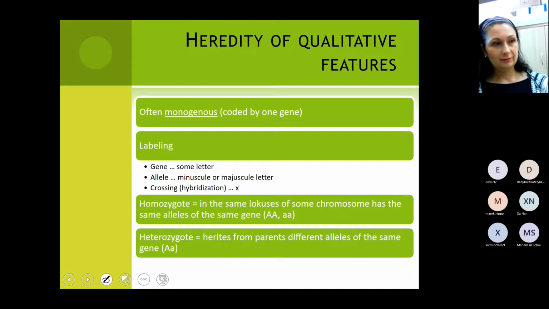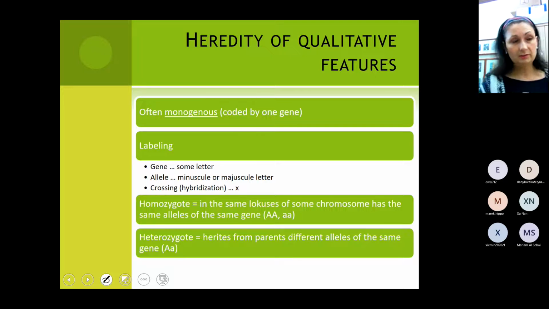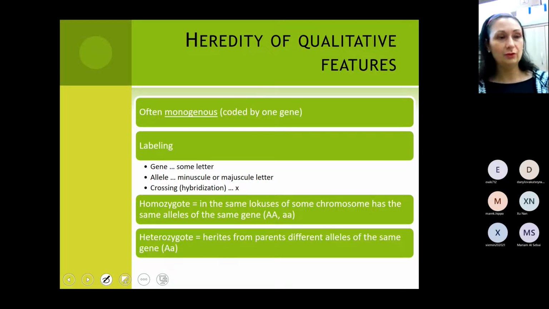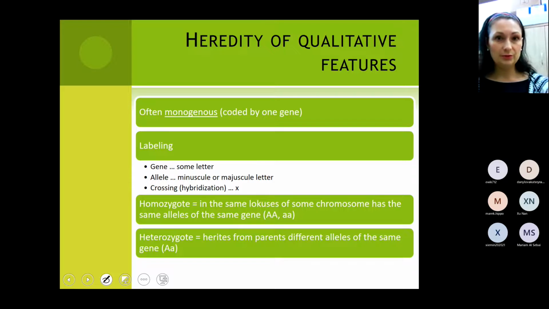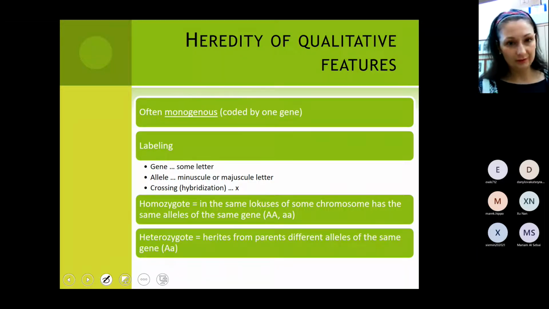It means that how tall we are is inherited 90% based on our parents. So there is a little bit of effect of environment, but the effect is only 10%. A much bigger effect of environment can be observed in the heredity of qualitative features. So it means the shape of hands, the shape of nose, and so on.